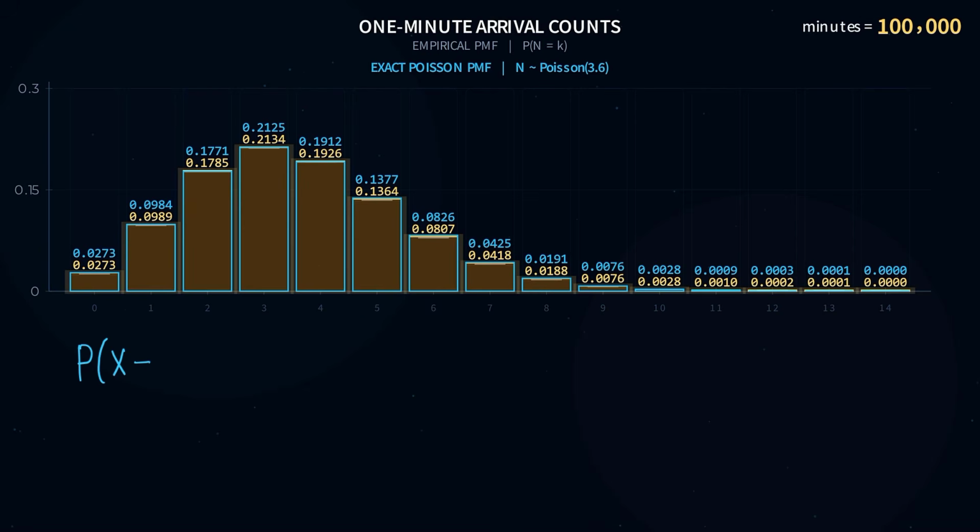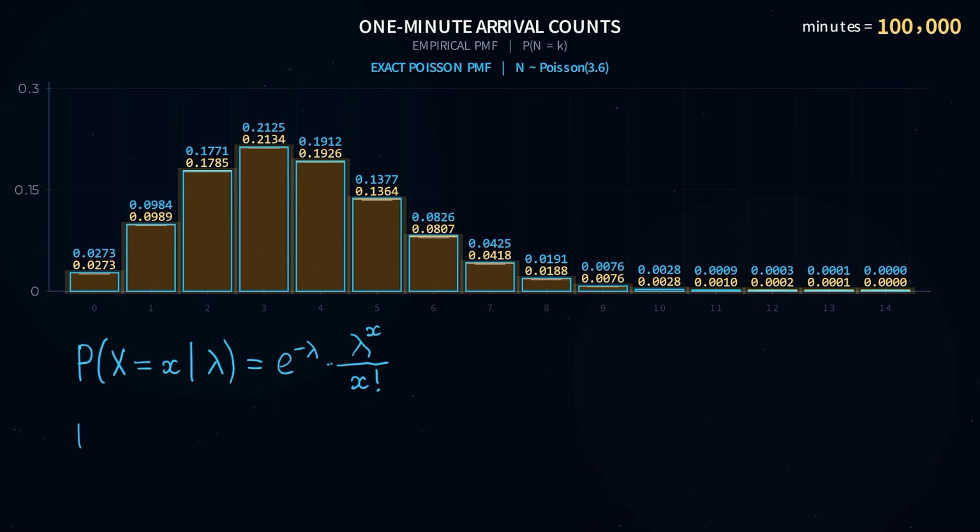The probability that x takes on the value lowercase x, given the parameter lambda of this distribution, is given by e to the power minus lambda times the ratio of lambda to the power of x over x factorial.